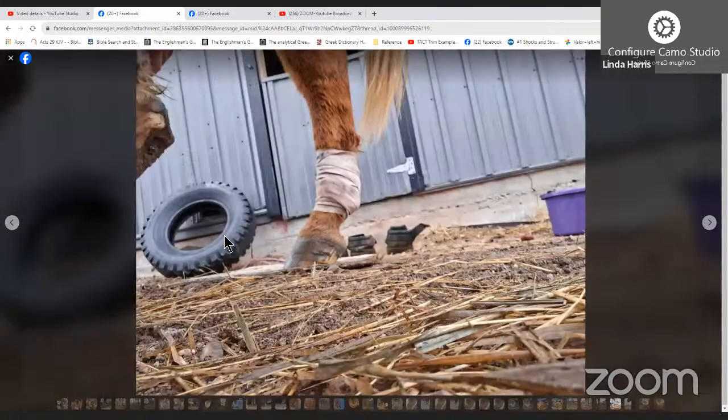Okay. And this was the left. This was one of his worst feet, wasn't it? This and the front one. Let me save the image and go.